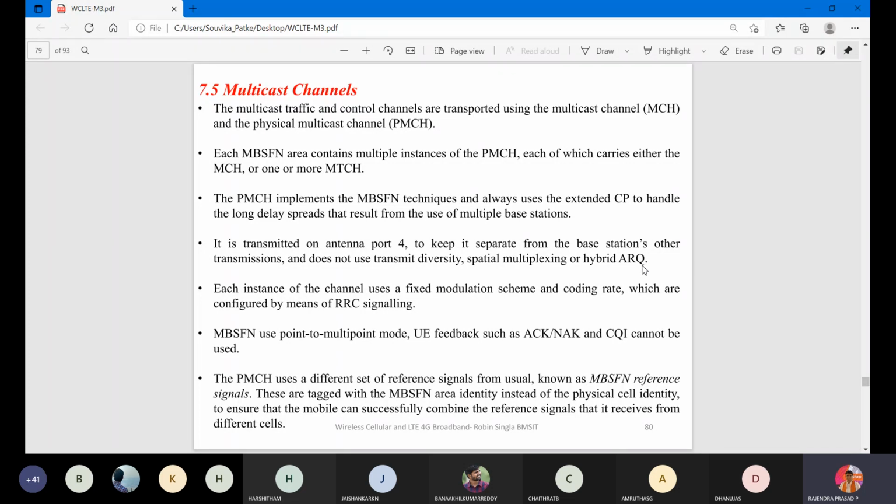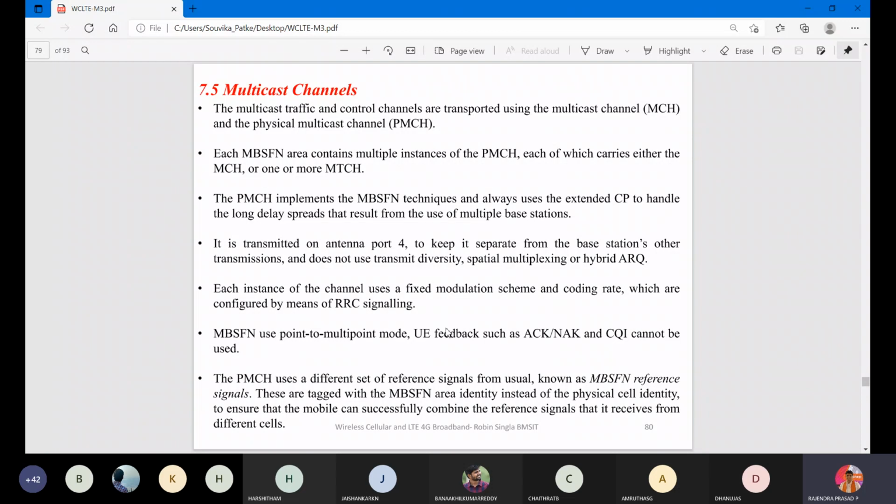So when I want to multicast, what are the requirements I need to identify? First thing is that you need to select the specific user equipment. Okay, you need to be very careful when selecting these, because you should be very sure of the address to which you are transmitting the data. Now that address we are going to represent by the term user equipment.